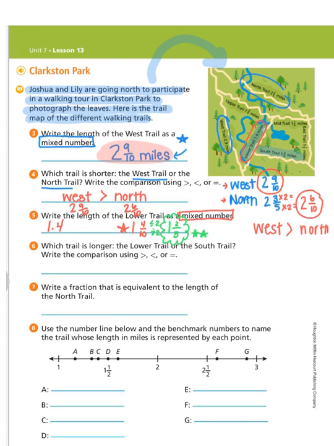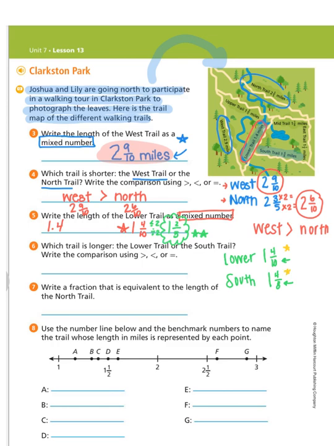So I've got the lower trail, which is 1 4/10, and I've got the south trail as 1 4/8. Oh man, I notice my denominators are different, but the saving grace here is that my numerators are the same.